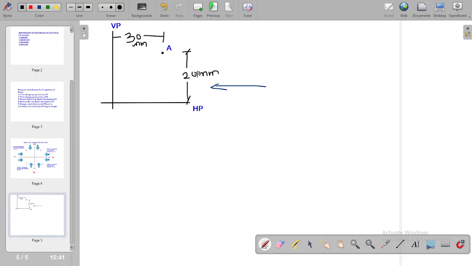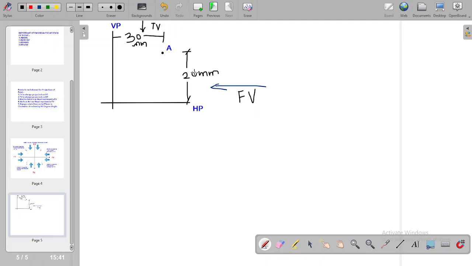The 20 mm distance will be projected on the VP. The 30 mm arrowhead is directed towards the HP plane. Vertical arrowhead represents top view, horizontal arrowhead represents front view.